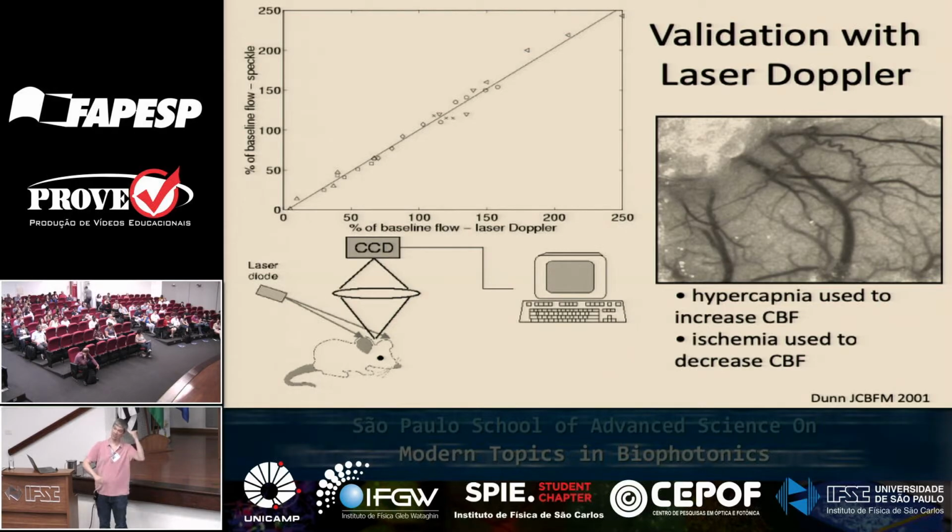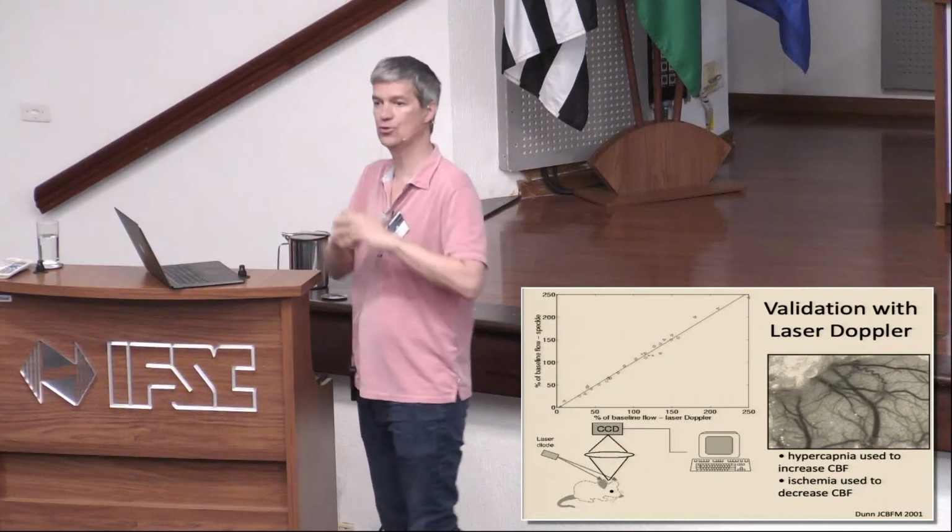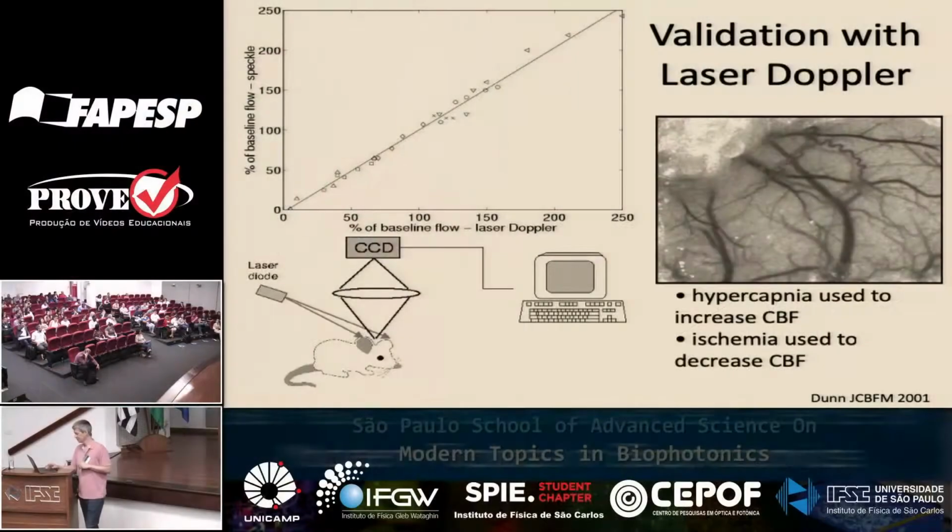For a measurement like this, the distribution of path lengths through the sample is going to be 1 or 2 millimeters, and so we typically use laser diodes. Although that can be a problem because laser diodes can have coherence lengths of, say, 100 microns, less than a millimeter, and that reduction in coherence length will reduce your speckle contrast. So you do have to pay attention to that.